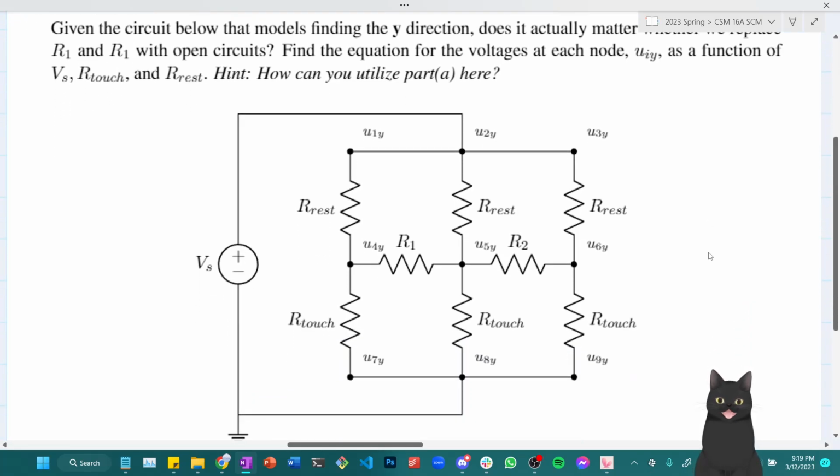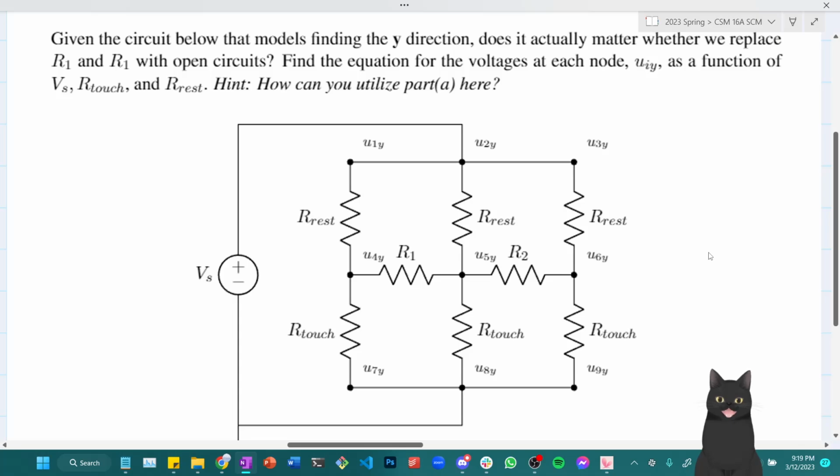Given the circuit below models finding the y direction of a 2D resistive touchscreen, does it actually matter whether we replace R1 and R2 with open circuits? It says R2 here. You're blind if you see this as R1. I'm very sorry about this. Find the equation for the voltages at each node, which is noted as U_iY, as a function of Vs, R touch, and R rest.